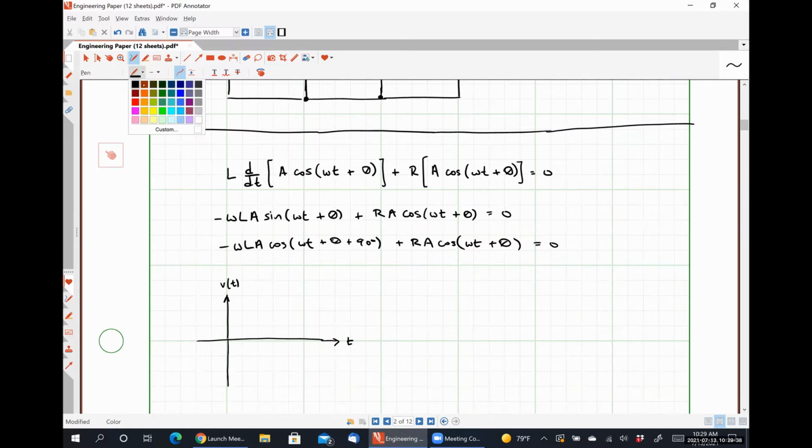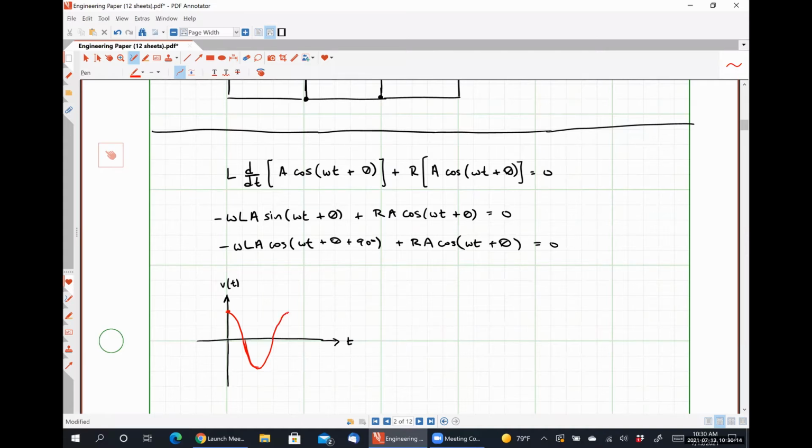Let's say arbitrarily that my voltage signal is a sine or a cosine function, meaning it's going to start at its maximum value at t equal to 0, and then it's going to decay to 0 in 1/4 of a period. It's going to go down to negative its maximum value after exactly 1/2 of a period. Then it's going to cycle back up to 0, and that total transition time takes 3/4 of a period.